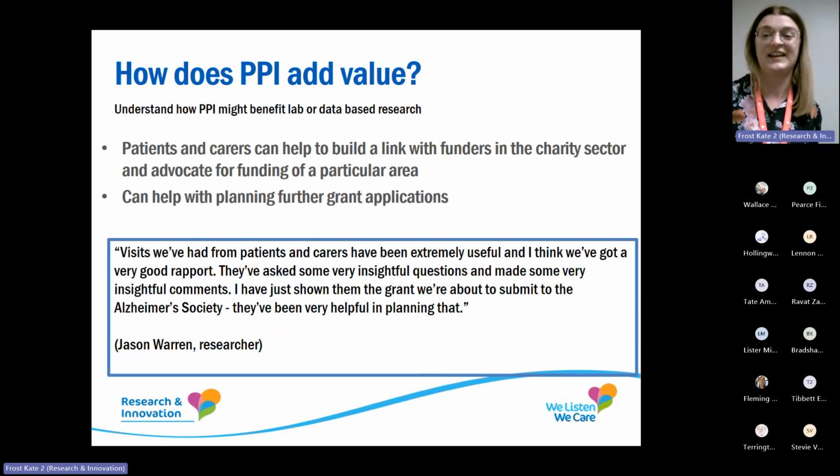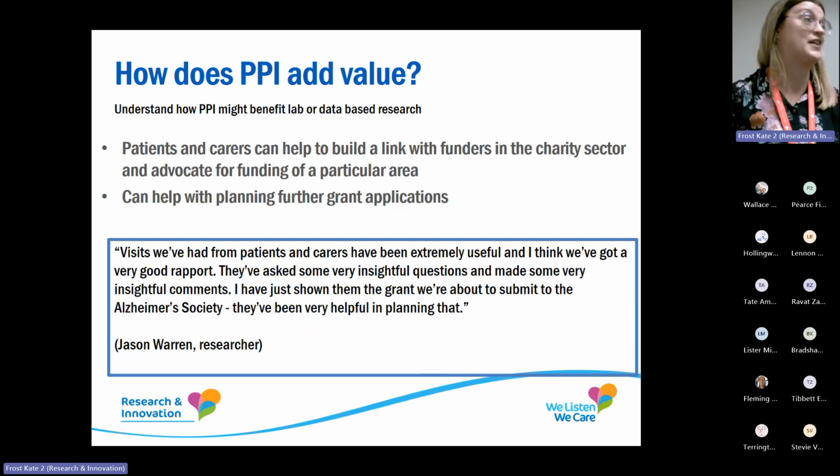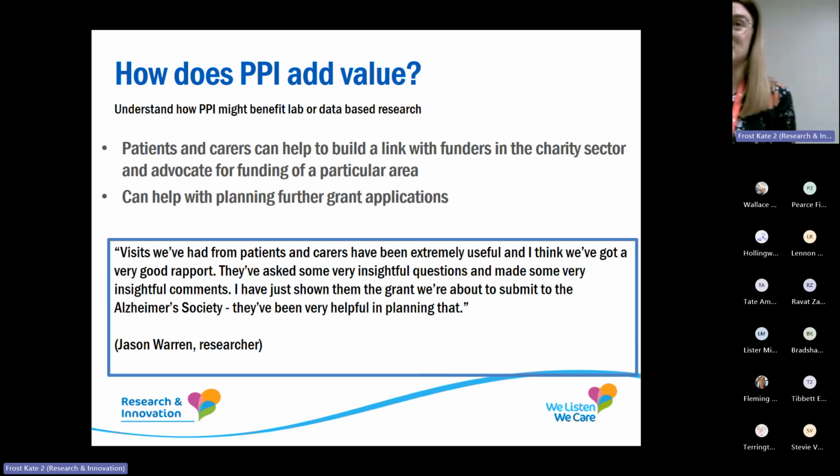That will fundamentally help if you are thinking of applying for a grant application or for ethics, because patient public involvement is now a mandatory requirement of both funding applications in the UK and ethics considerations under the Health Research Authority. It used to look very favourable, now it is mandatory, which is very good, but that's why we're here, to support and help you through that process.